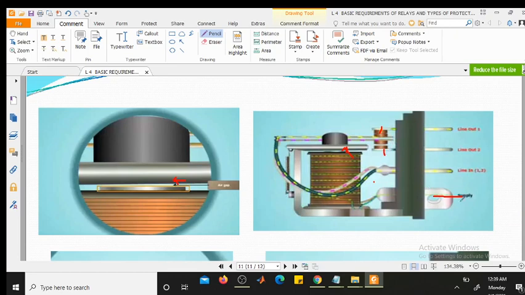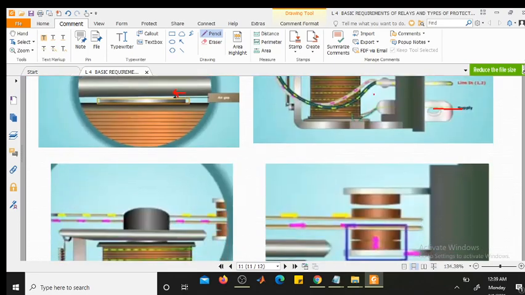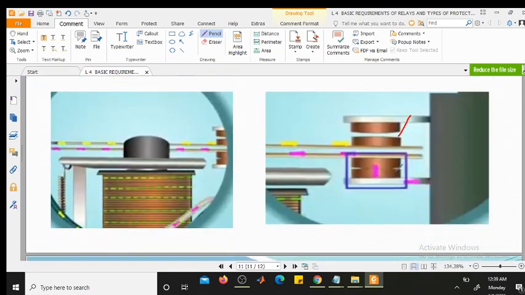With continuous flow of supply, as the armature and the soft iron core are attracted by the magnetic field, the normally closed contacts become open and the normally open contacts become closed when the relay is energized. After the relay operates, the signal is given through the CT to the circuit breaker, and the trip circuit trips the circuit, isolating the faulty part from the healthy portion of the power system.